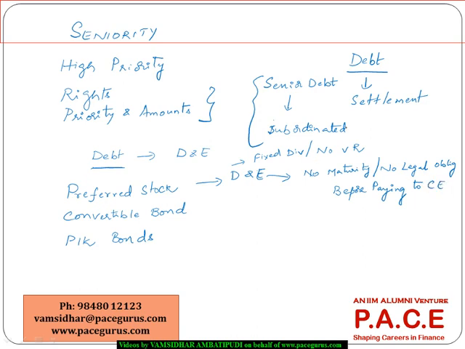So on a regular yearly basis, it's not mandatory that the preference shareholders need to be paid the dividend. So it has some properties which are purely debt related, whereas some are purely equity related. From that dimension we treat preferred stock as a combination of debt as well as equity.